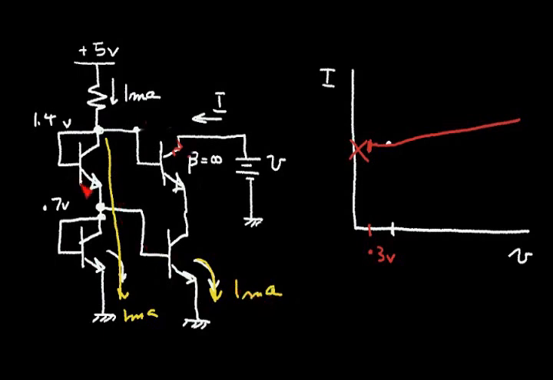And the key thing here is if I look at my voltage, I have 0 volts here, I have 0.7, I have 1.4 volts here, because every transistor, every base emitter voltage drop is 0.7 volts. So if I have 1.4 volts here, I have 0.7 volts here. And that 0.7 volts is going to remain rather constant.